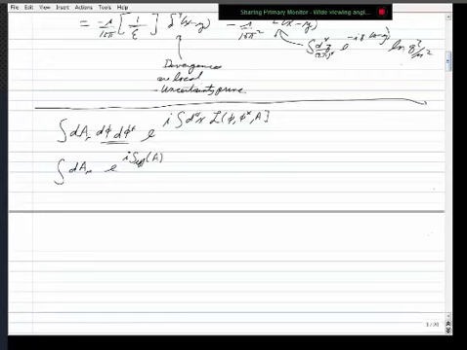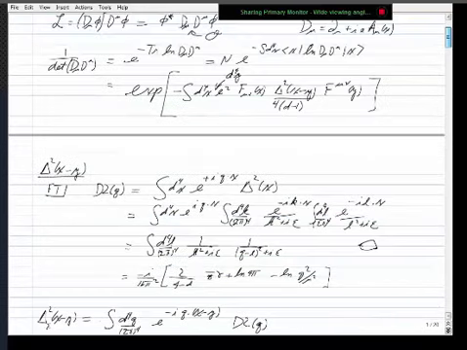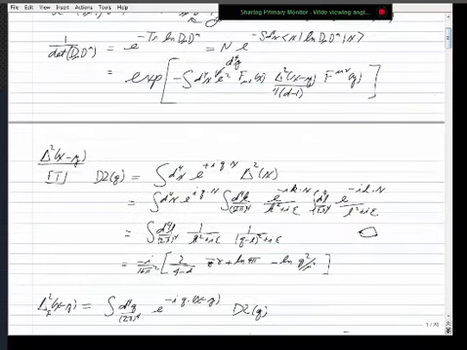Okay, so at this stage we go back and let me just look at the full answer. So we started off with, let's take a path integral.